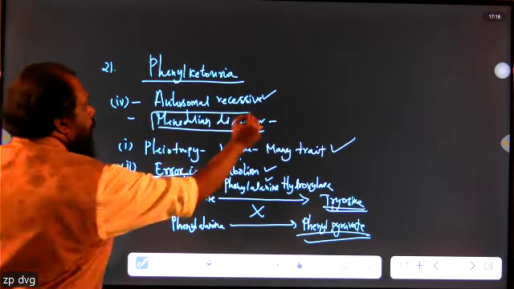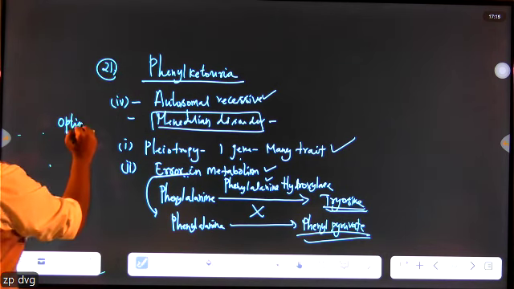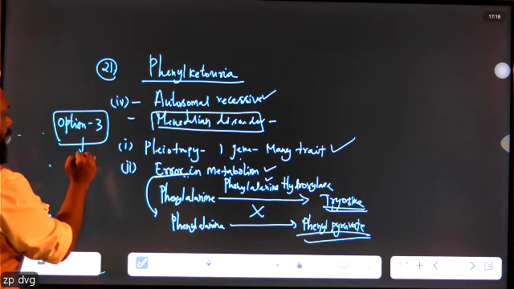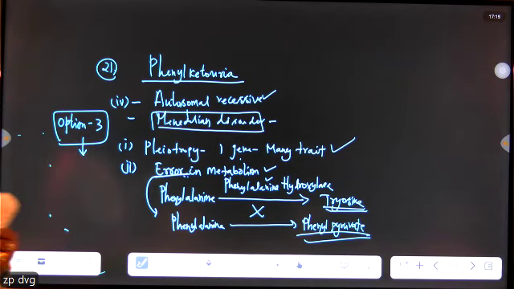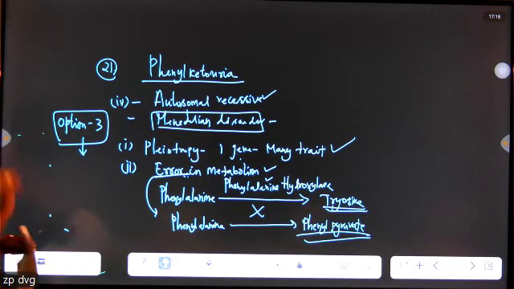Phenylketonuria is a Mendelian disorder, so aneuploidy will not be applicable. So for question number 21, option 3 is the correct option, because the option 3 statement is the wrong statement. It says it is due to aneuploidy. No, it is not due to aneuploidy. Hope you understand this. Can we go to the next question?